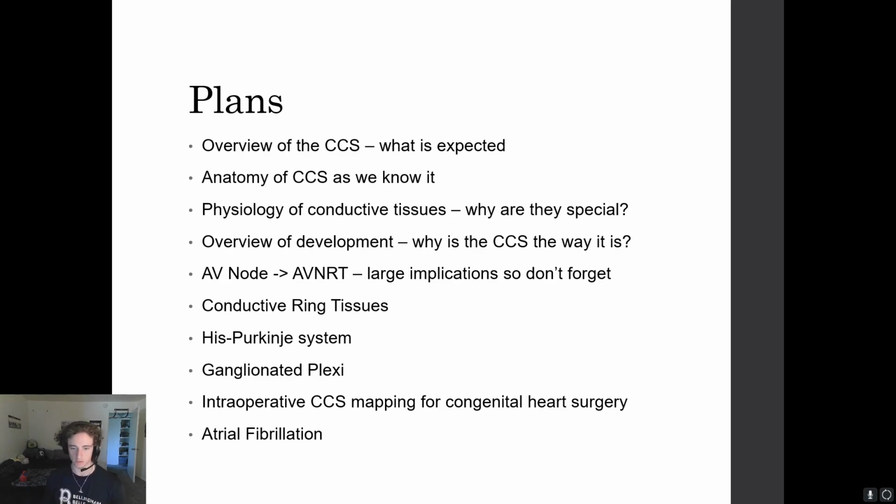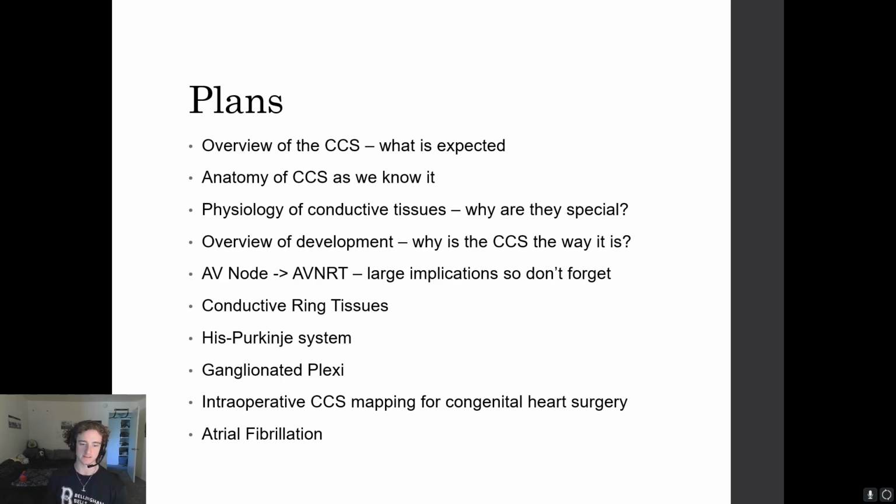The mechanism of that reentry tachycardia is really significant for AFib, which we'll be talking about at the end. We'll go over how it works, and it'll make more sense why it's so important when we talk about AFib.